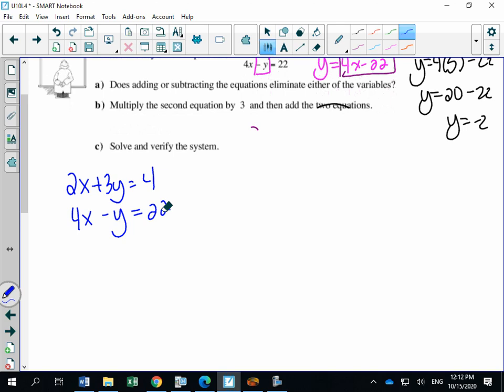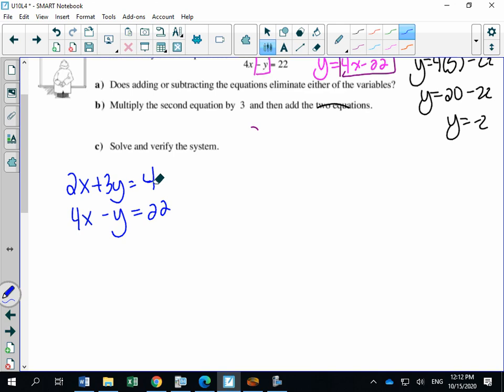And then you're going to say, but nothing eliminates with my x's, and nothing eliminates with my y's, right? So here's what you could do if that ever happens. What you could do is you could say, what could I multiply this entire thing by if I wanted to eliminate my x's?